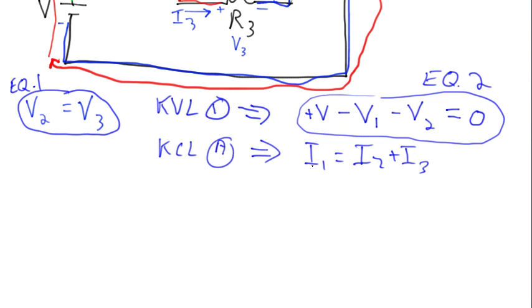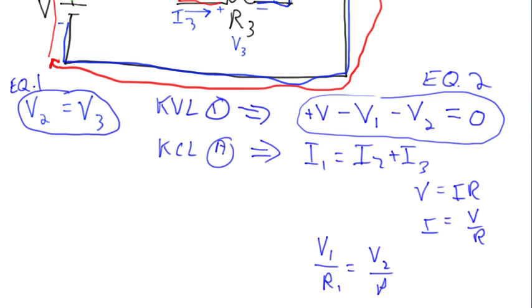Doesn't really matter which way you go, but from Ohm's law, V is equal to IR, so I is equal to V over R. So V1 over R1 was the current through R1, and this is V1 over R1 equals V2 over R2 plus V3 over R3. Now I'm going to use equation 1 to substitute for V3.